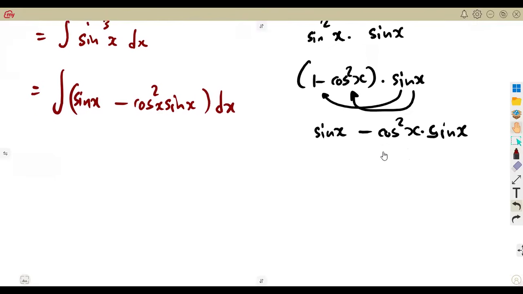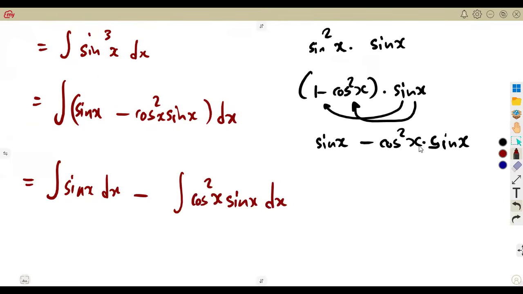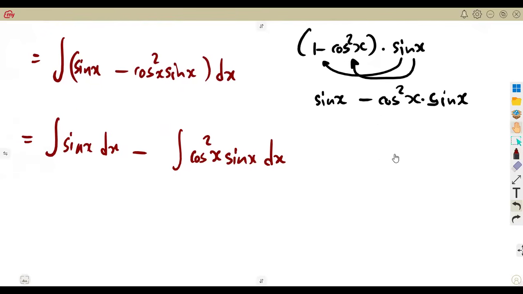And this allows us to integrate each part separately. These are 2 separate terms, so you can integrate the sine of x with respect to x on its own, minus the integral of cos squared x sine x with respect to x.